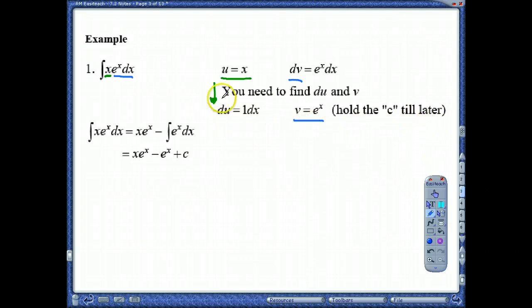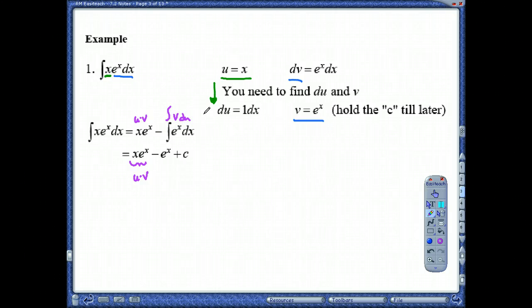Okay, so now that we've got u dv is what we started with, out in front you're going to have u times v, so that's just this guy right here. So this right here, I'll choose purple. So this right here is my u times v, and then here's my integral of v du.